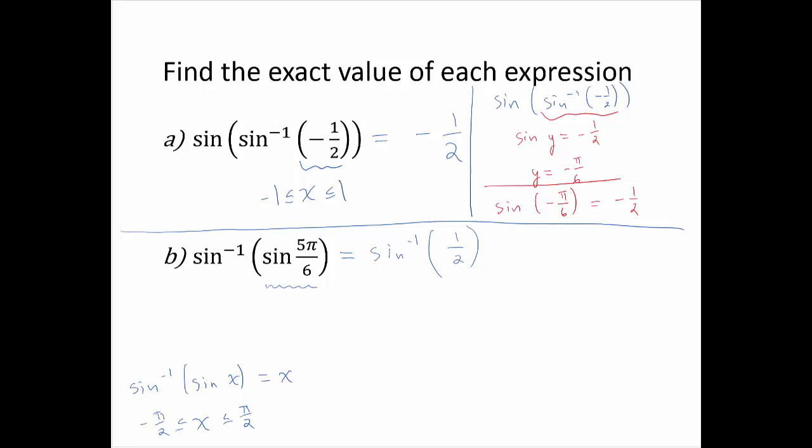The sine of what angle is 1/2, where that angle, y, must be on negative pi over 2 to pi over 2. Well, the angle whose sine is 1/2 and is between negative pi over 2 and pi over 2 is pi over 6.